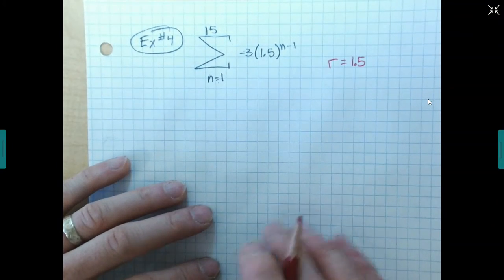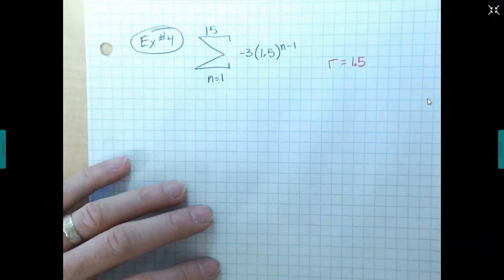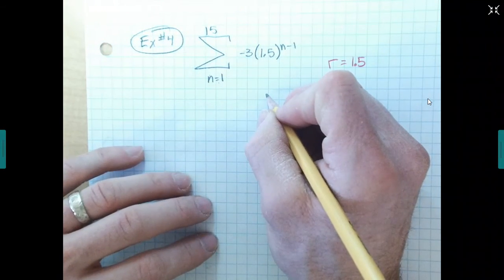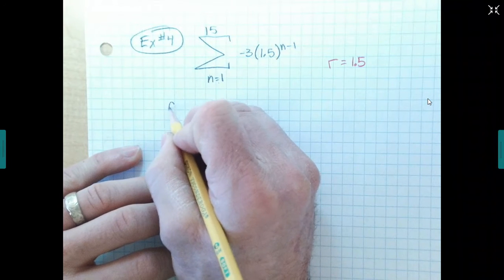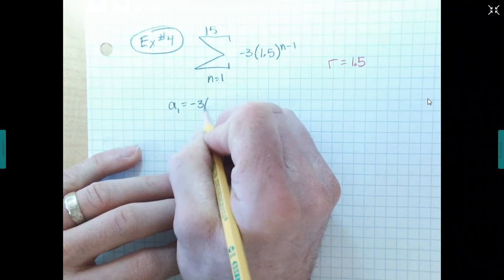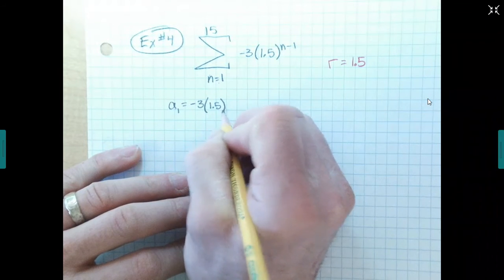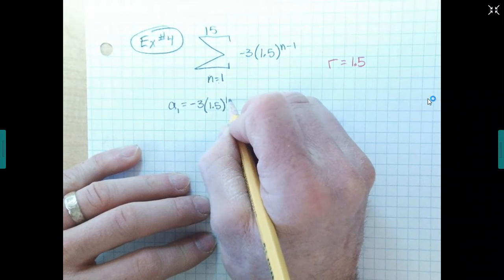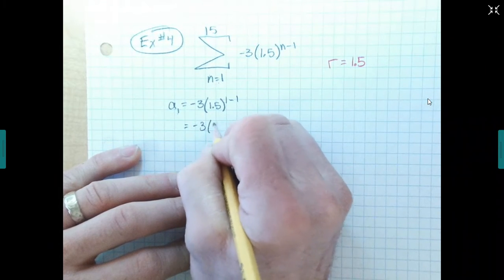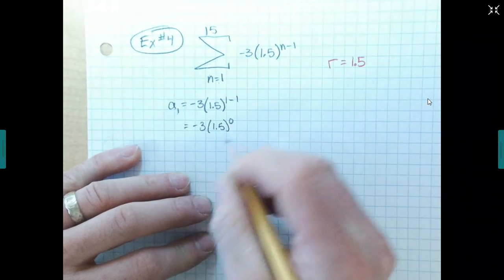So we're going to find the sum for the first 15 terms. Let's find our first term first. So a1 equals negative 3 times 1.5 to the first value minus 1. So negative 3 times 1.5 to the 0.